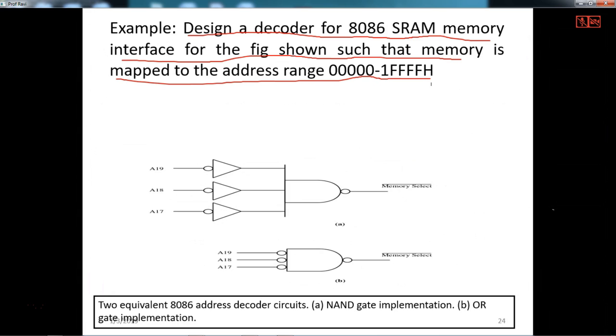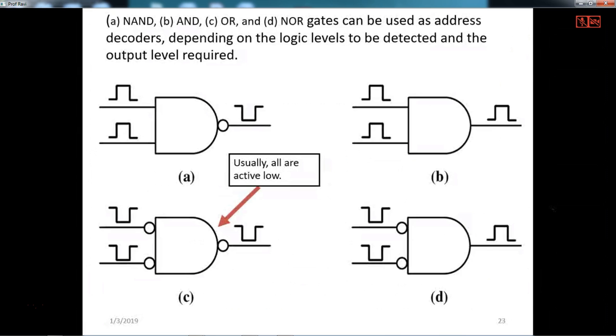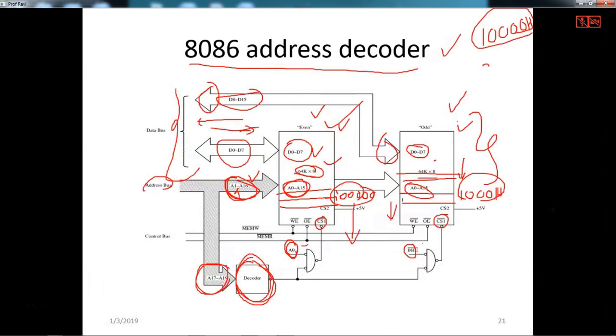This is what the problem is. Listen carefully. This is what the example is. Design a decoder for 8086. Here, how to make the connection I clearly explained.